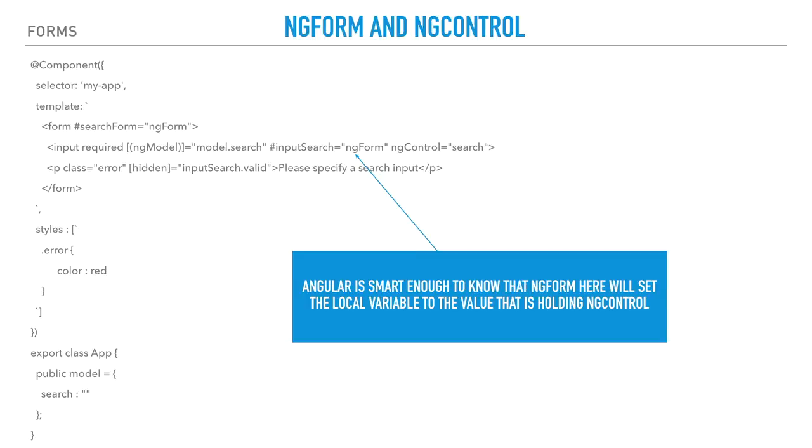So with this, Angular is going to take the ngForm, and this form will put inside the input search the search value of our model. So it's kind of confusing at the beginning, but it's just a way to connect everything, the ngForm with the ngControl, and the ngControl with the input search and the two-way data binding.